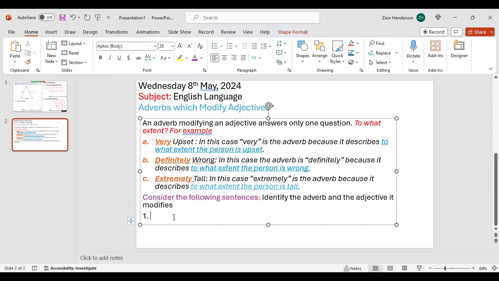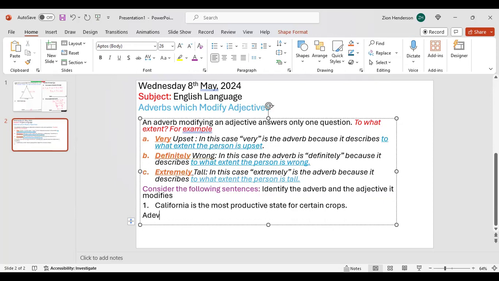So let's say we said that California is the most productive state for certain crops. I want the adverb and I want the adjective that it modifies.